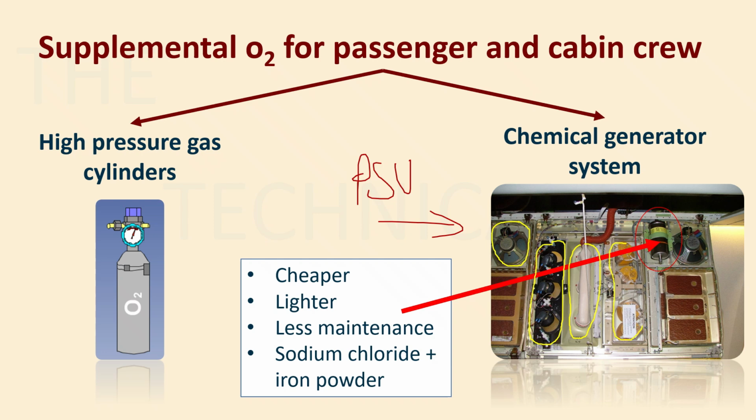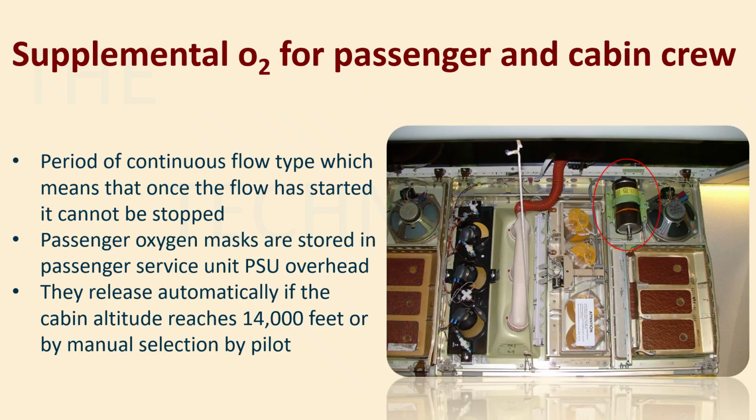And these are your masks that are stored here. And this is your oxygen generator. A single oxygen generator is generally able to supply around 3 to 4 oxygen masks, right? And this is the oxygen generator, and then this again is your speaker. It is repeated along the panel. So this is your passenger service unit.